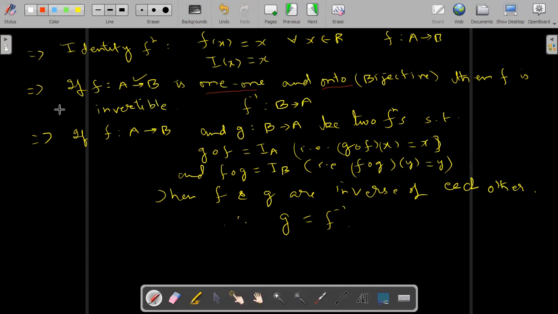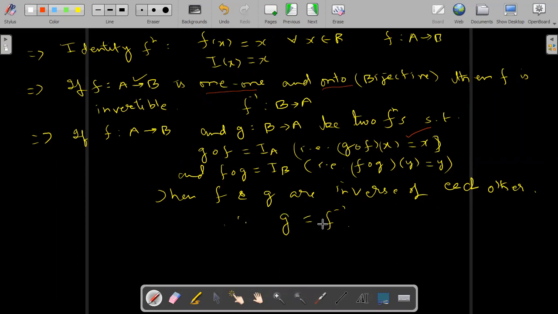That is the number one condition. And the number two condition is that f and g are two mappings like reverse mappings. If f is a mapping from A to B, the inverse will be the mapping from B to A, with two functions such that g composite f is equal to the identity function on A. So we remember it like this: g o f of x is equal to x, and f o g of y is equal to y.